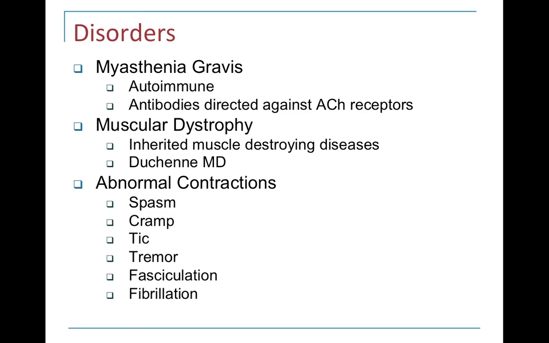And so the most common form here is Duchenne muscular dystrophy, for which there's actually hope that gene therapy may someday be employed to replace the responsible gene with one that halts the muscle loss. And then our abnormal contractions: spasm, cramp, tic, tremor, fasciculation, and fibrillation. Please be sure just to know the definition of those.